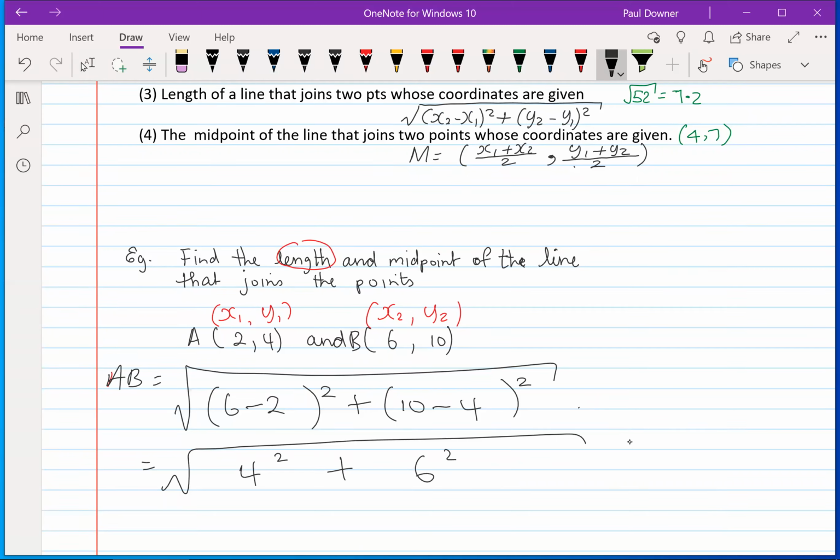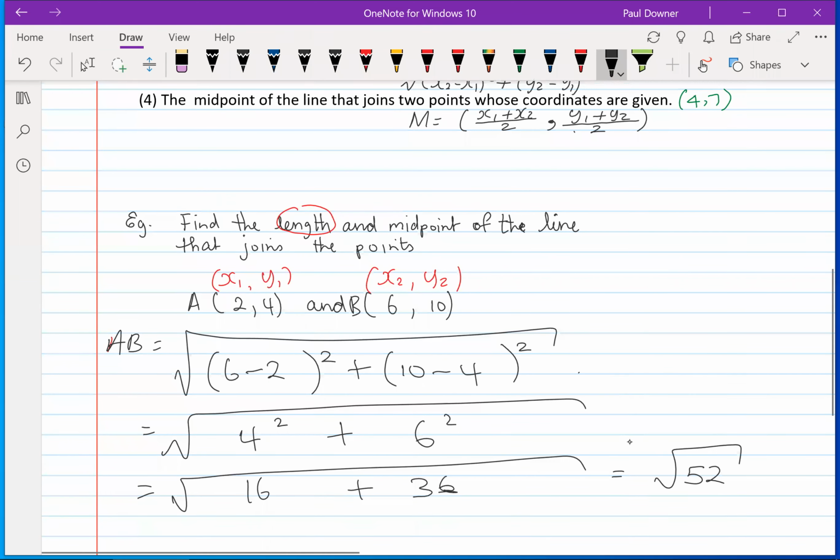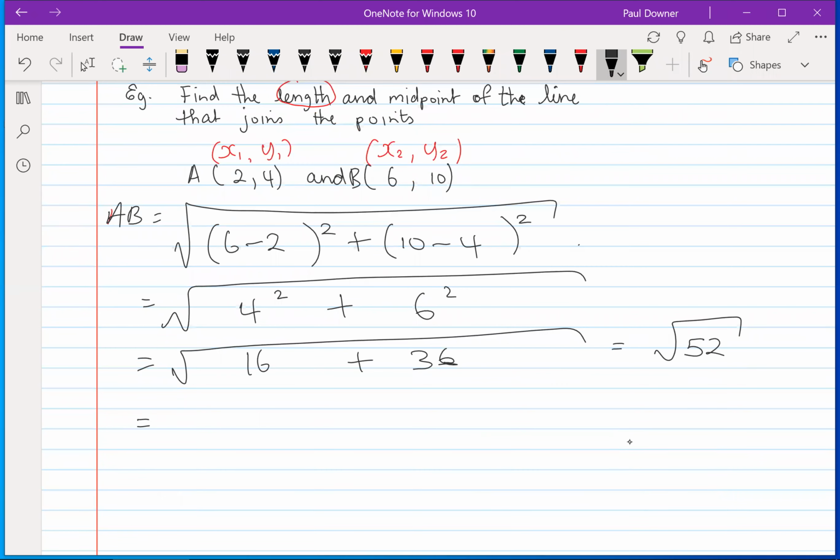So that's going to give us the square root of 16 plus 36. 16 plus 36 is 52, and the square root of 52 will finally give us the length of AB.